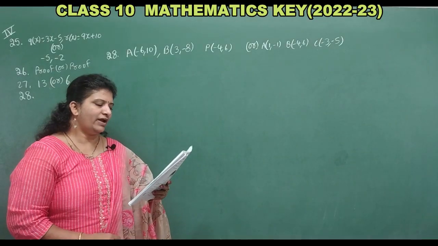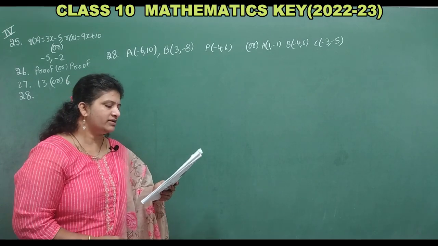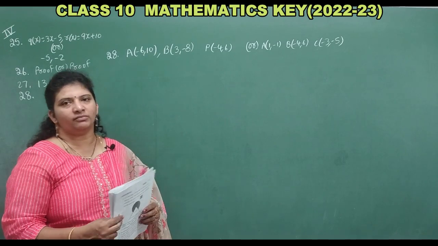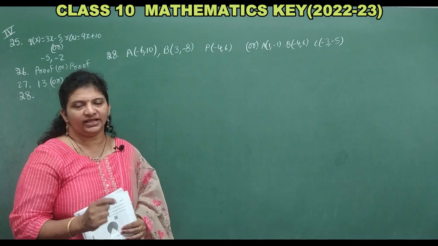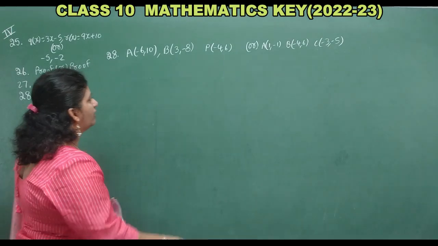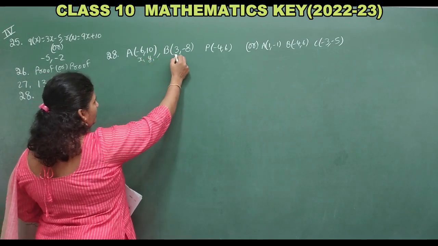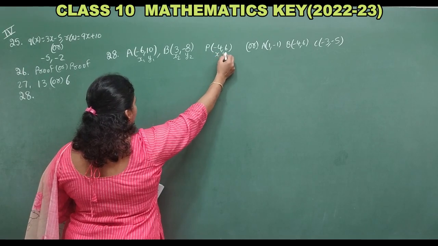28th problem. Find the ratio in which the line segment joining the points A(minus 6, 10), B(3, minus 8) is divided by the point (minus 4, 6). We need to calculate the ratio, that is m1 is to m2. Observe the coordinates and mark them x1, y1, x2, y2 and the point x, y.